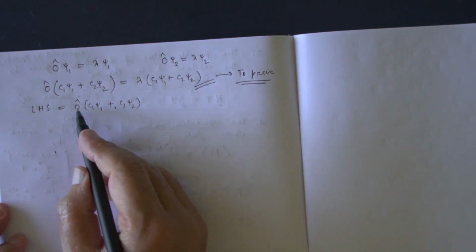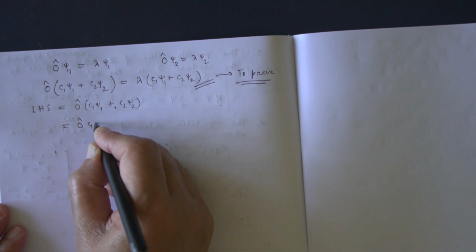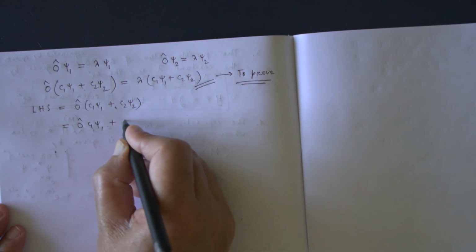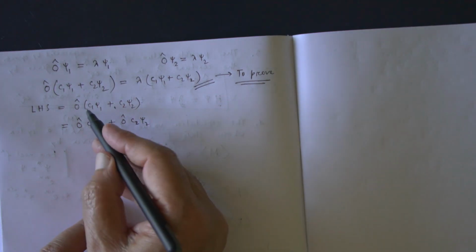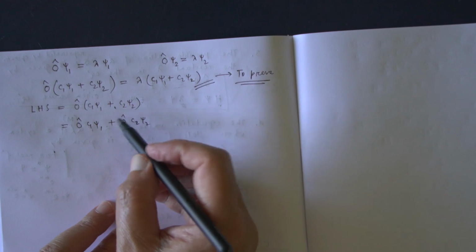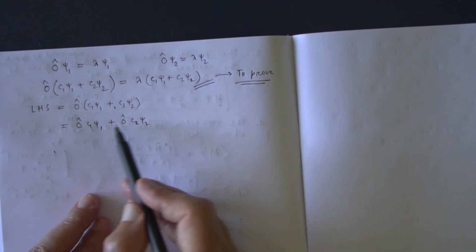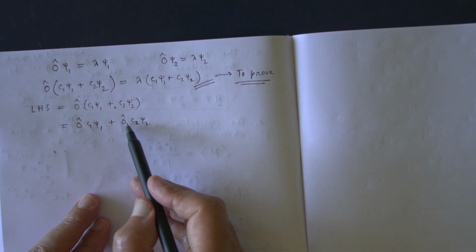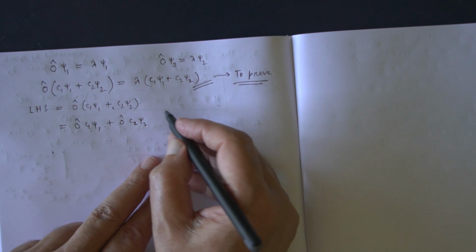This is a linear operator, so we can write it like this: O C1 psi 1 plus O C2 psi 2. Because it is a linear operator. If O were not a linear operator, we could not have written like this.